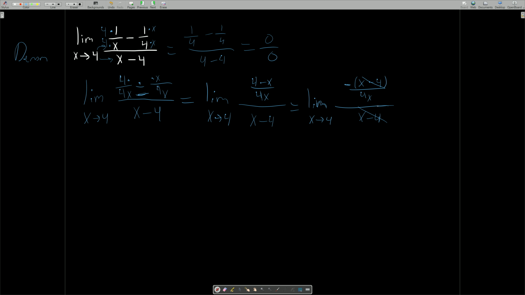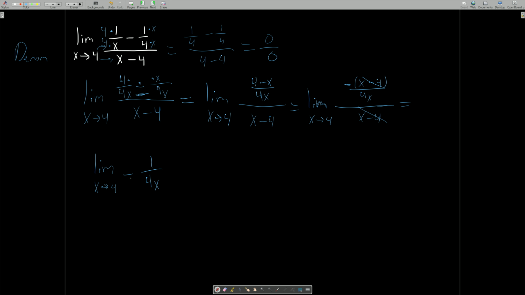You have one on the denominator, and one on your denominator here. They can cancel out. It'll leave you with negative 1 over 4x. So if you have opposites here, they will cancel out to negative 1. Just a handful of shortcuts to remember.